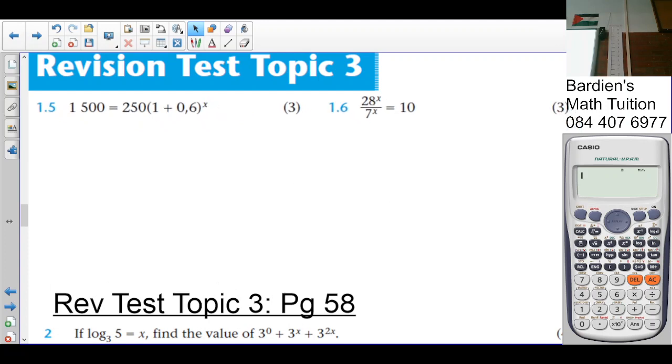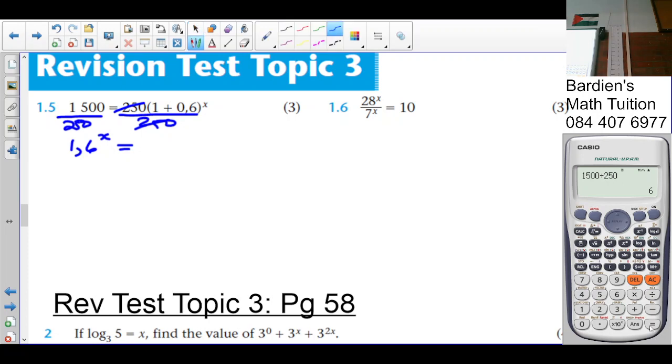In 1.5, the question says solve for x. So I'm going to divide both sides by 250. So we're going to isolate the base with the exponent first. So that cancels. 1 plus 0,6 is 1.6 to the x equals 1,500. 1,500 divided by 250 gives us 6.